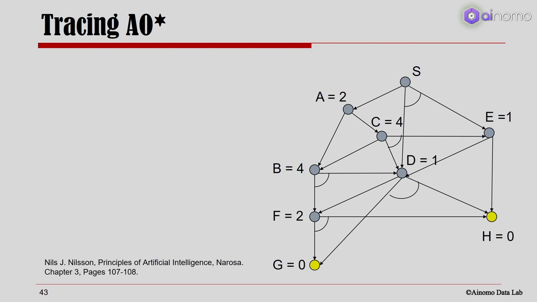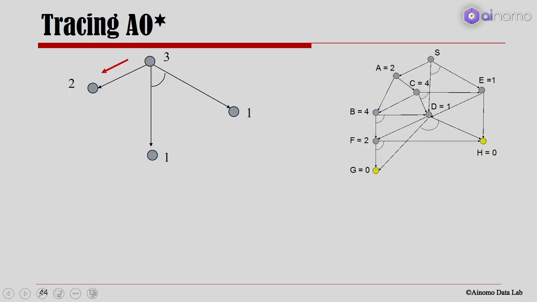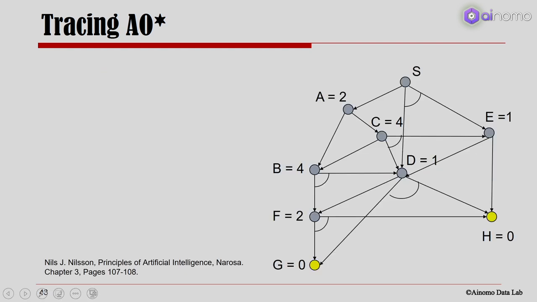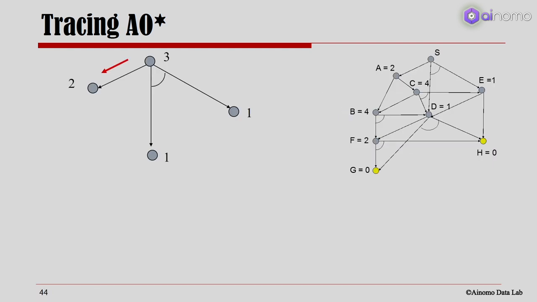So we initialize and start with S, and we see that the price to A via the 1 connector is 3, whereas the price to D and E would be 1 plus 1 plus 2, 4. So instead of taking that path of 4, we take the path from S to A. Next, we expand A to get B and C, and once again compute the prices.